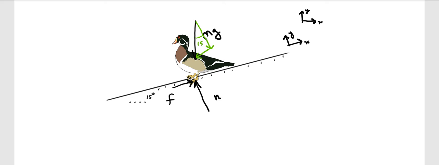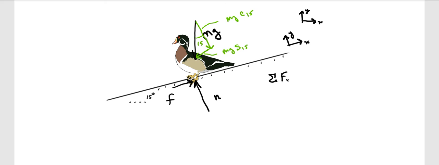That makes this vector equal to mg sine of 15 degrees, and it makes this one equal to mg times cosine of 15 degrees. I'm going to do lots more videos on drawing free bodies of things that are on inclines like this, so if you're having trouble following the geometry of that, there will be many more examples.